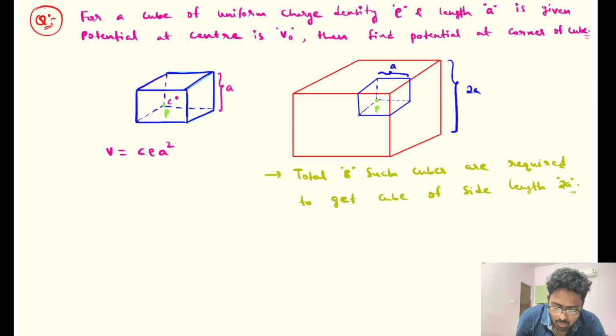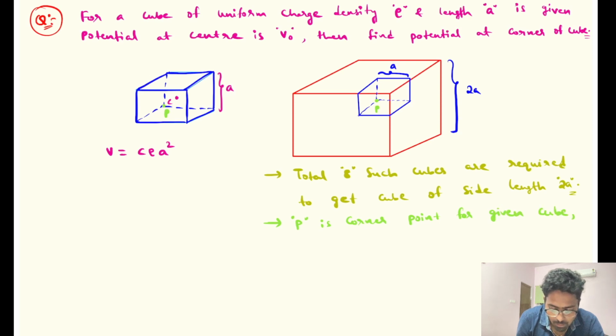The next important point is that for all the 8 cubes, the point P is symmetrical. That's how I constructed it. Already I told you I'll be using dimension analysis, symmetry, and filling and defilling. So as I said, I have constructed the figure in such a way that the point P becomes the symmetrical point for all the cubes. Now P is the corner point for the given cube.